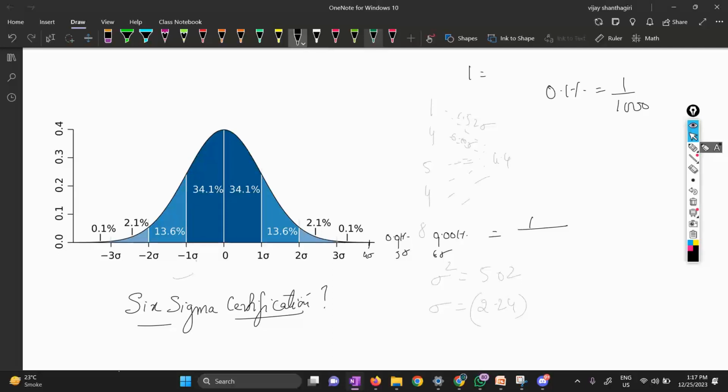Now 0.01% is 1 by 10,000, one more zero. 0.001% is 1 by 1 lakh.